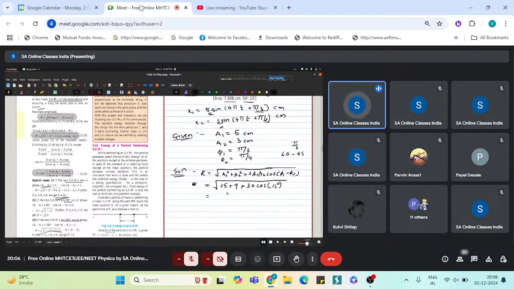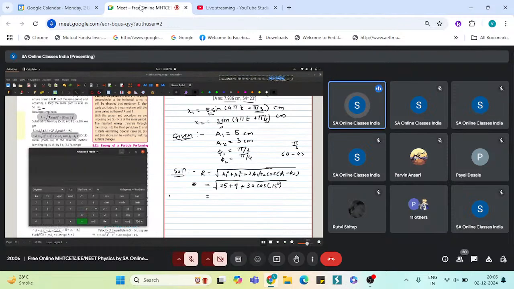I'll just open the calculator and quickly find out what cos of 15 degrees is. So this is 0.9659, and I can multiply the things here itself. Into 30 is this value, and plus 25 plus 9 is going to be 34. So we have this as 62 plus 97.